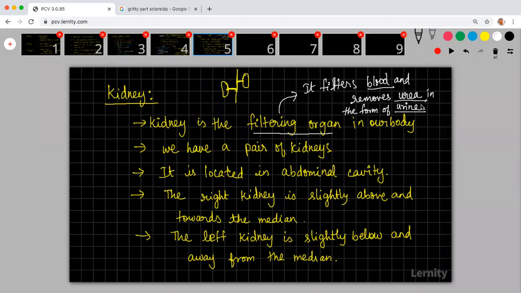It is located in the abdominal cavity. Yes, a small quantity of uric acid is produced in our body, but it is very, very minute.